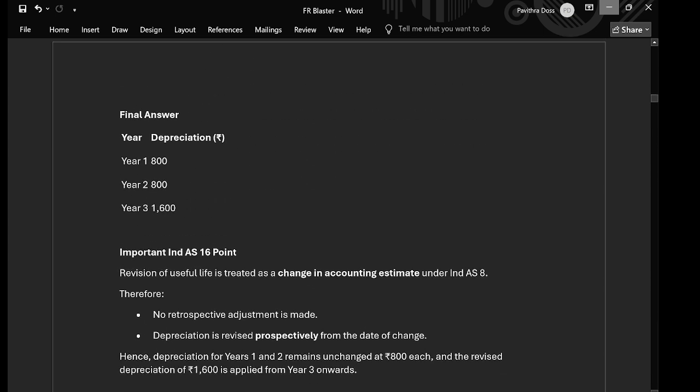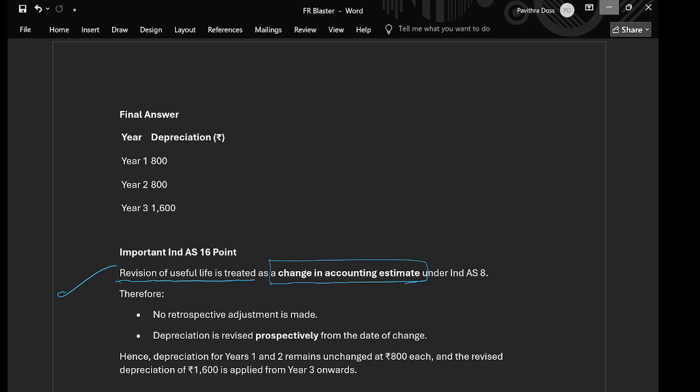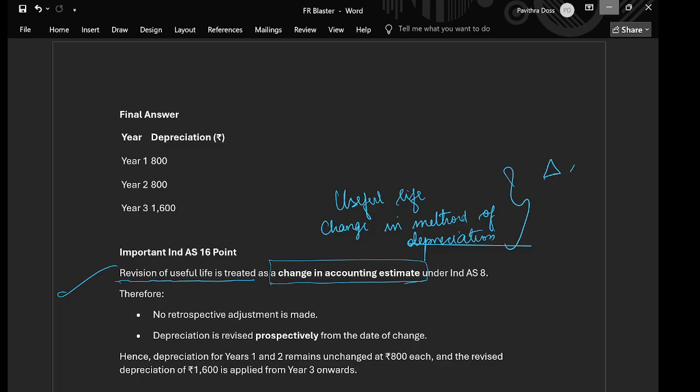Yeah, the crux of this question lies in here. Where there is a revision of the useful life, it is treated as a change in the accounting estimate. Revision of useful life or change in method of depreciation, all are going to be treated as a change in accounting estimate only.